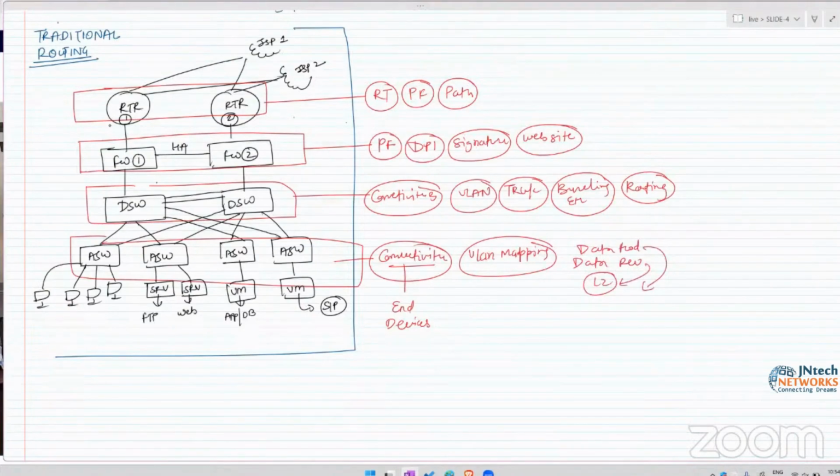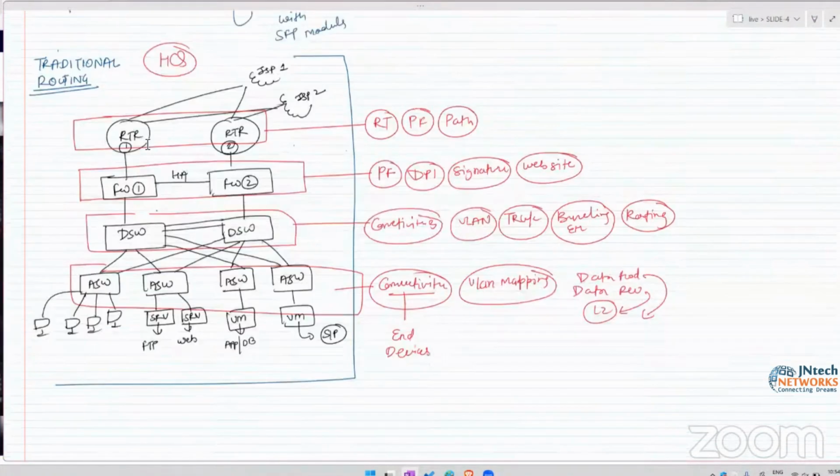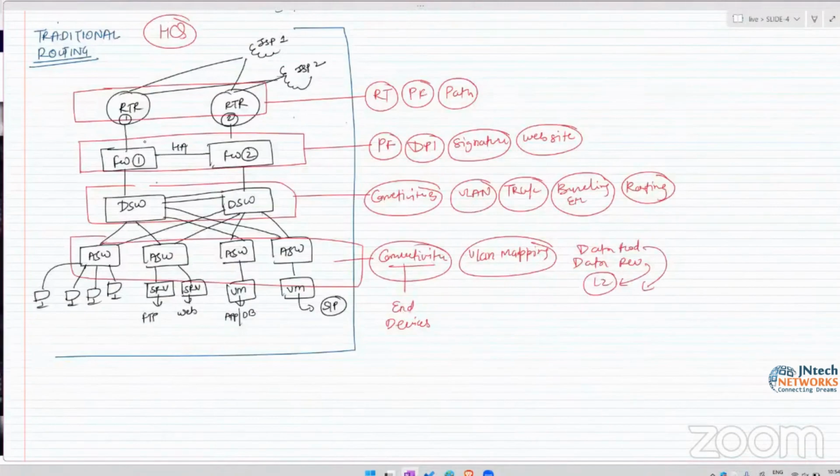So for example, this one is your HQ, or you can say head office. This one is your HQ site, and you need to connect multiple sites. So I'm saying for this site, we are getting branch number 1, and this one is my Delhi location.